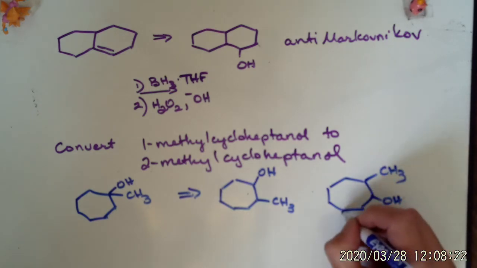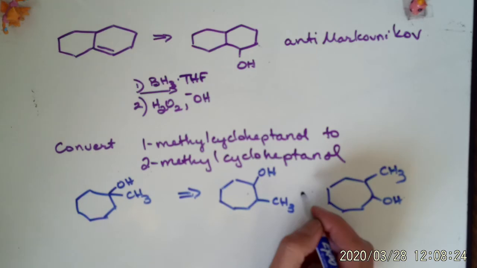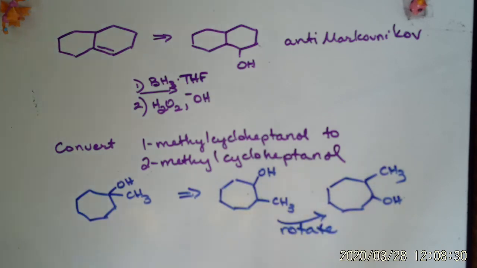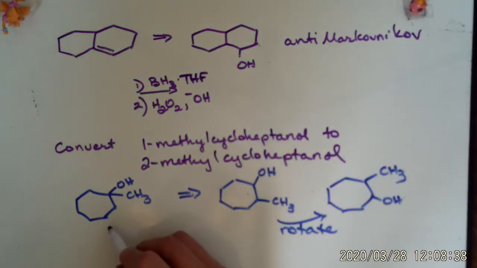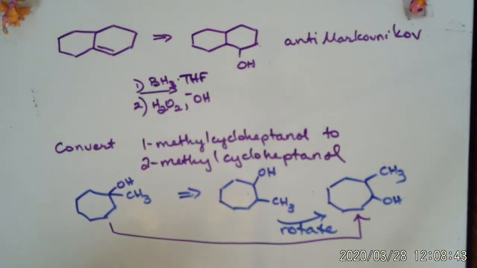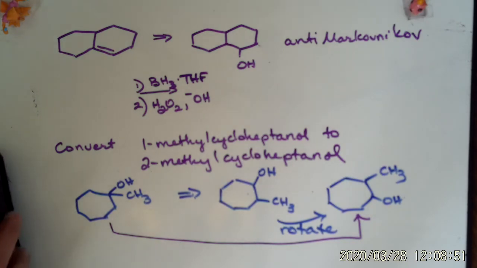So all I did was rotate. Same molecule. Let me tell you why I rotated it. Okay, so now if I can compare, really it doesn't look like so much I move my methyl group as I move my hydroxyl group. Okay, so let's keep that in mind. All right, let's start working on this.